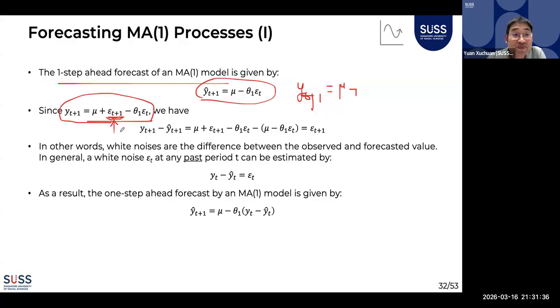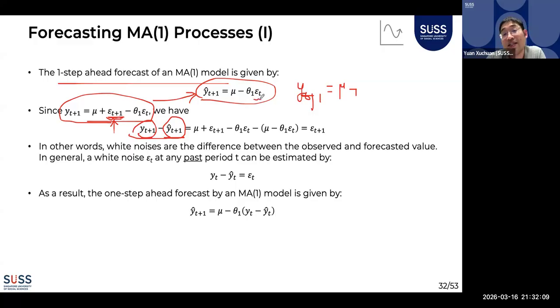So we get this error term. Because you don't have epsilon t+1, your forecast value at t+1 will be mu minus theta 1 epsilon t.